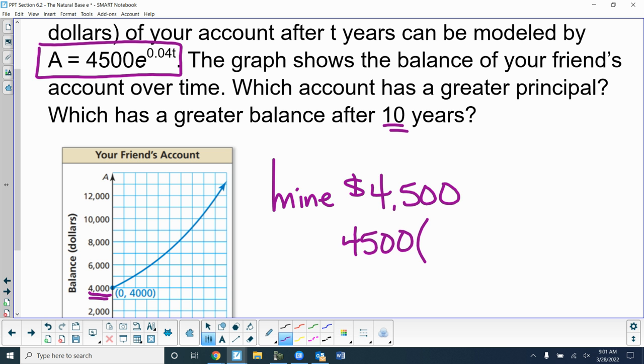Go ahead and do that. Oh, I don't need to put parentheses, do I? E to the 0.04 times 10 power, which is just moving the decimal point over one, right? So you just put 4,500 E to the 0.4 power.